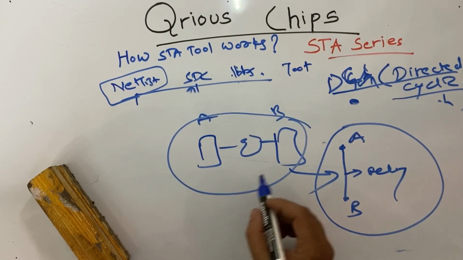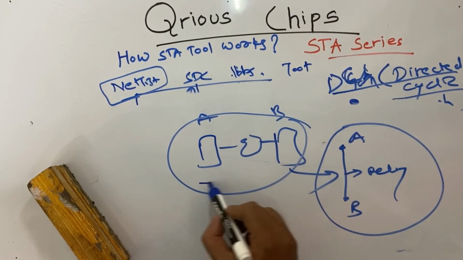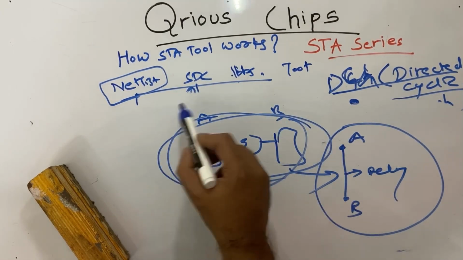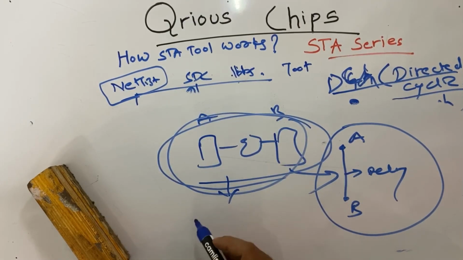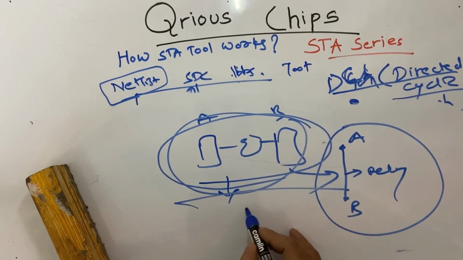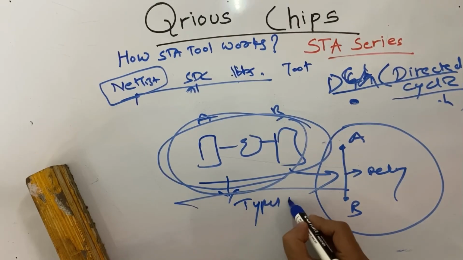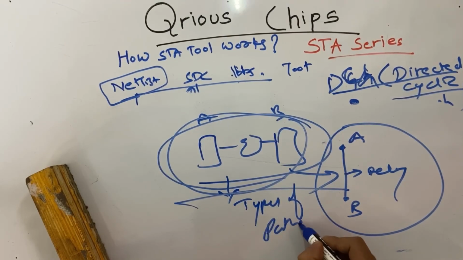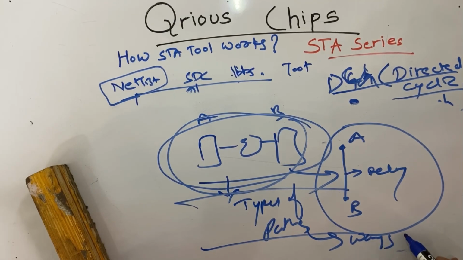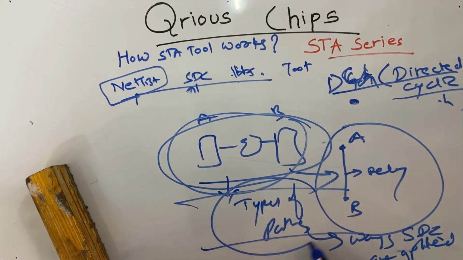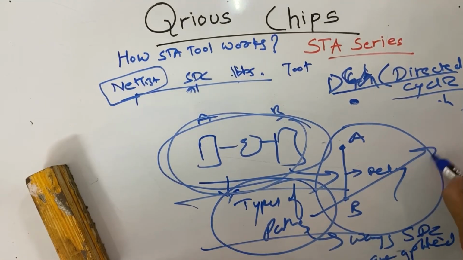So the tool converts the whole design into different nodes and edges, and there are different types of paths on which different kinds of SDCs are applied. What the different types of paths are, we will study in the next video. What the different types of constraints are will also be in the next video.